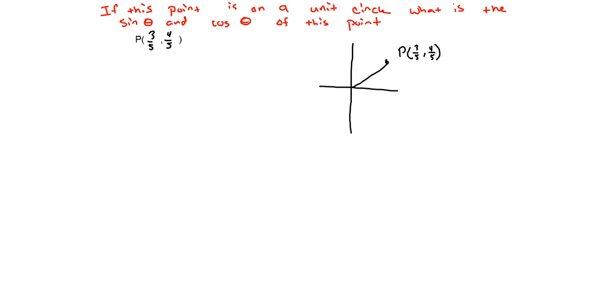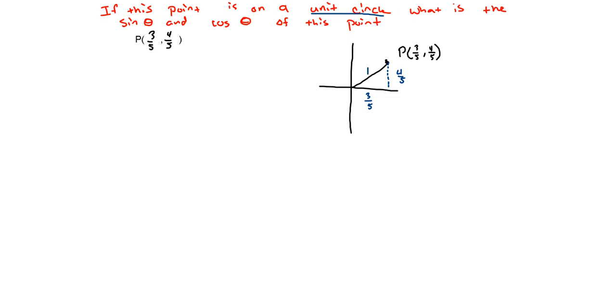But there's a little trick. It went 3/5 to the left, 4/5 up, and it says it's on a unit circle, and that's the key, because on the unit circle the R value has to be 1. So the hypotenuse of this right triangle has to be 1.